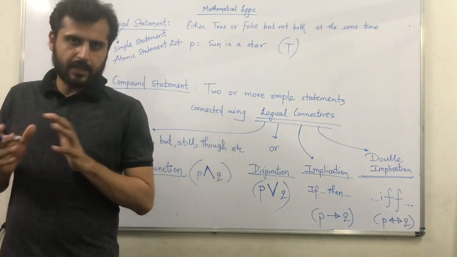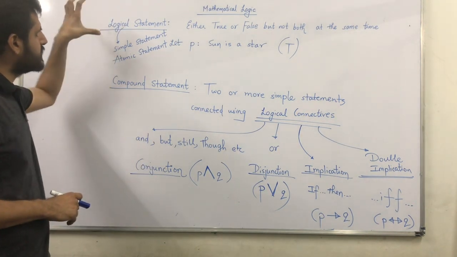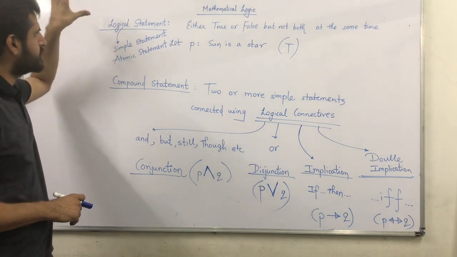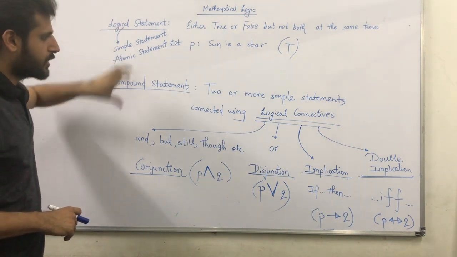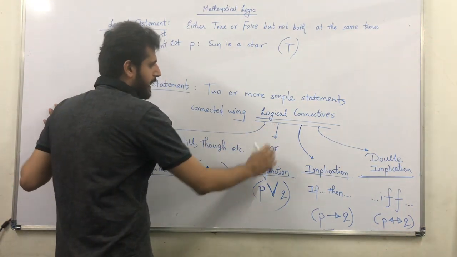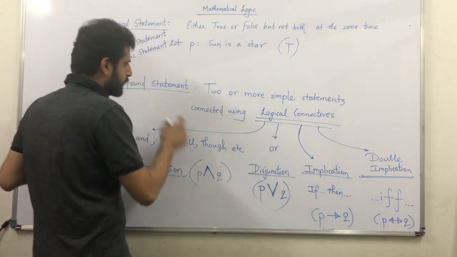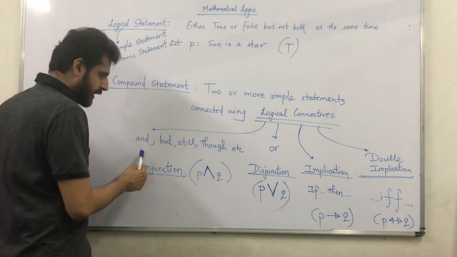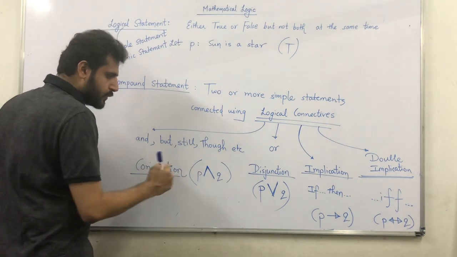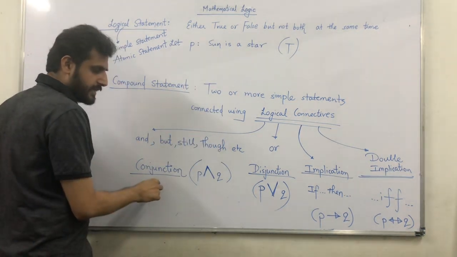Okay, so again I'll revise this. It is very simple. What is a compound statement? It is two simple statements, atomic statements, combined using logical connectives. So what are the categories of logical connectives to get a compound statement? We can use and, but to combine two simple statements P and Q. We say it is conjunction.